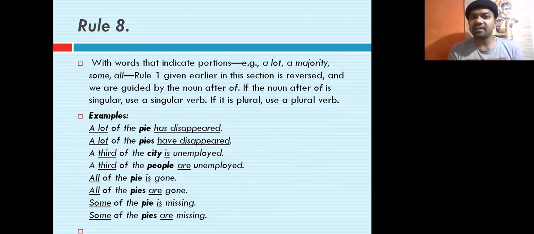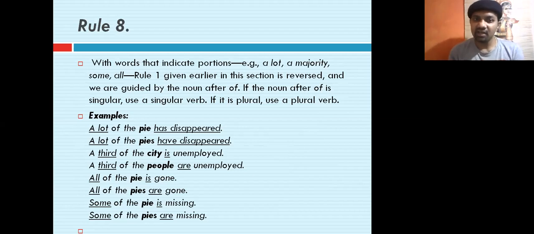So, rule number 8. With words that indicate portions, for example, a lot of, majority of, some of, all, we must be a little cautious here. Look at this example. A lot of the pie has disappeared. A lot of the pie.